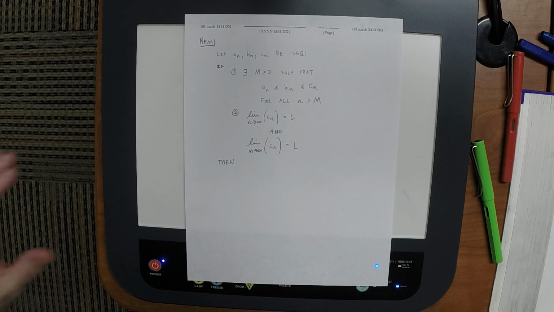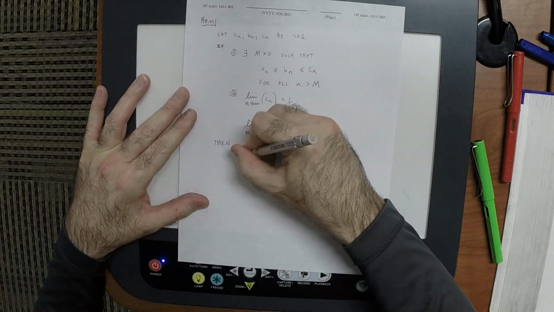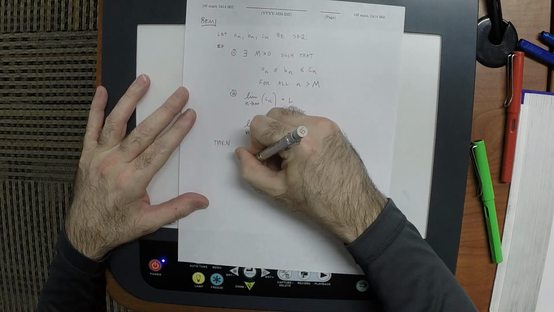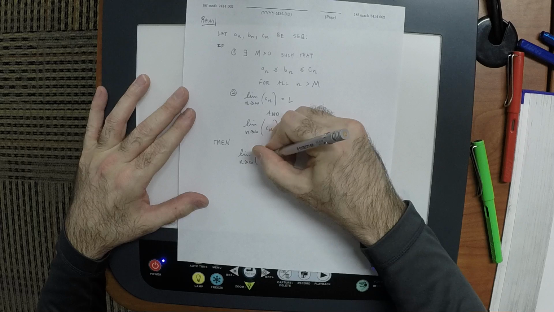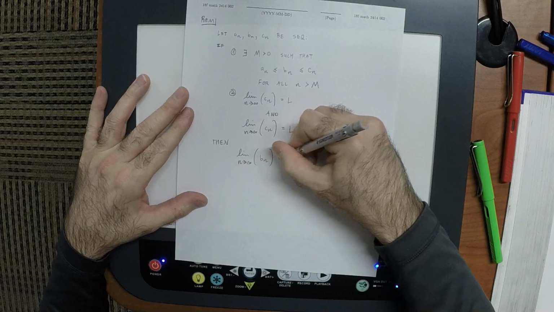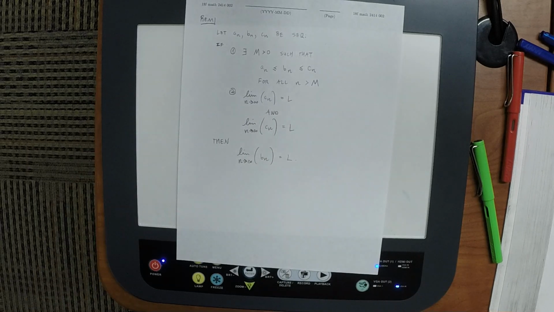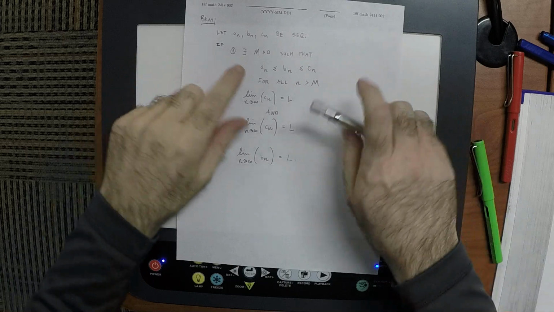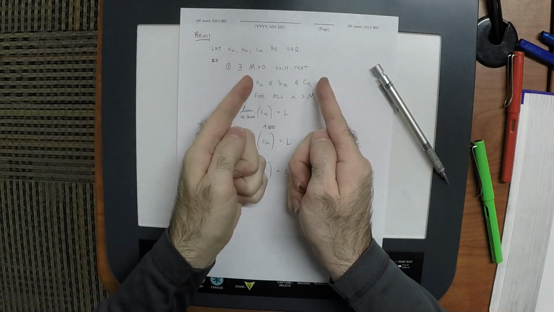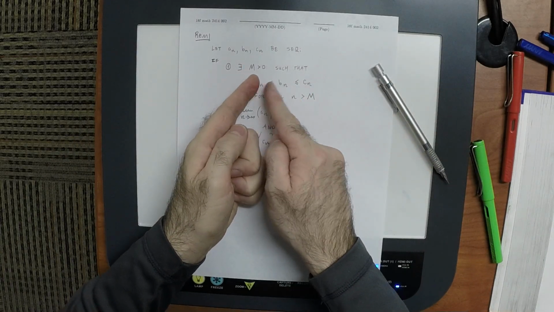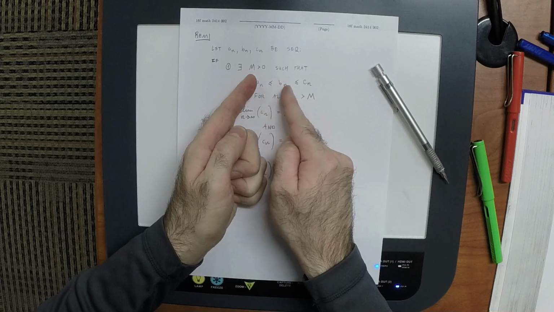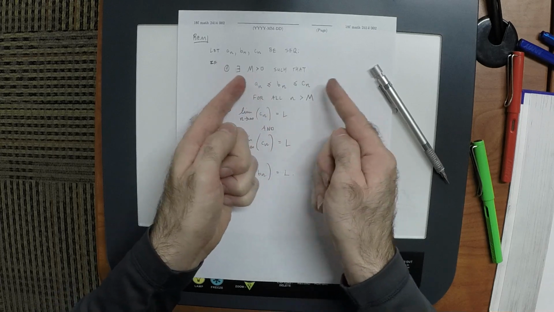It converges to L. So that's called the squeeze theorem. Conceptually, because they're in the order little, medium, big, the little and the big one squeeze the middle one.